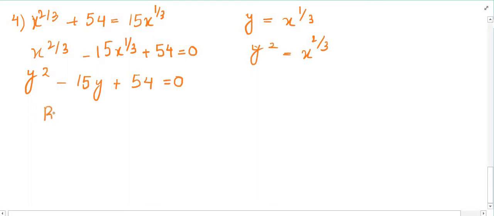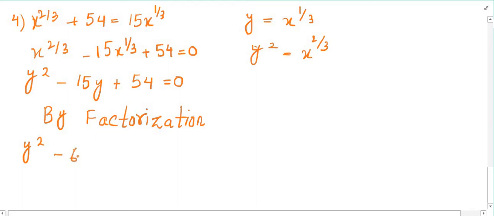After factorization, just make factors for this. Factors are y squared minus 6y minus 9y plus 54 equals 0.